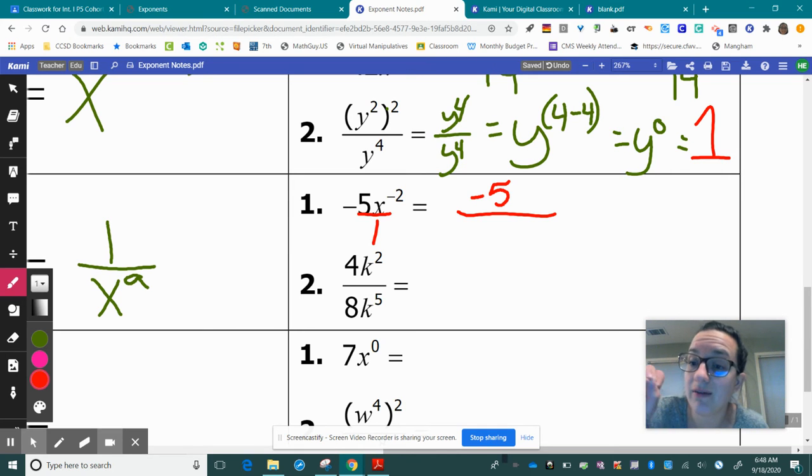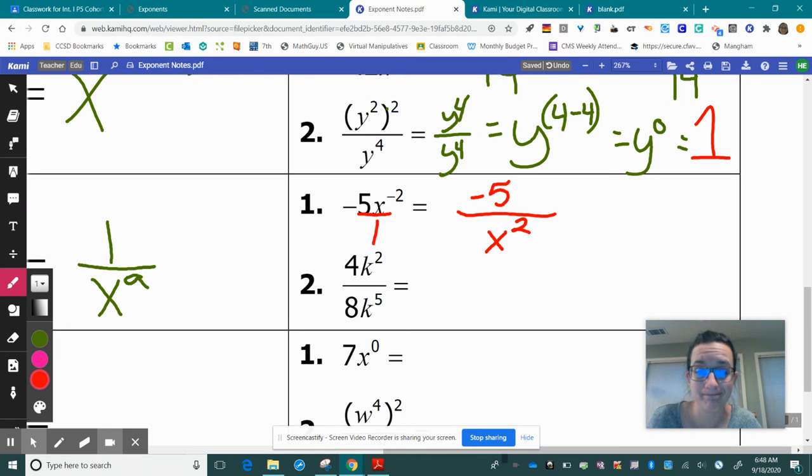X to the negative 2, that's the one we got to fix. We can't have negative exponents, so it's going to change to the other side. If we bring that x to the negative 2 power into the denominator, oh, look, it's happy.